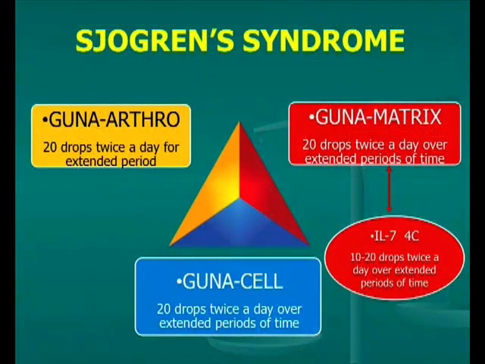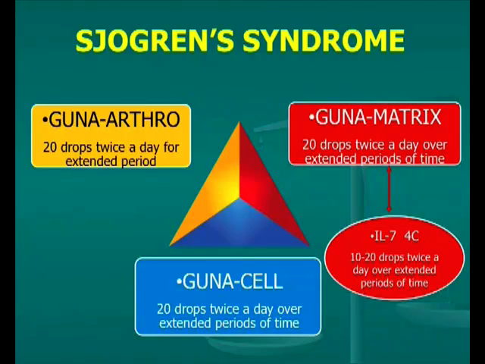So the basic drug to use will always be Gunamatrix, which contains the small quantity of interleukin-6 that is needed to modulate, in a sense, the overexpressed interleukin-6 of this disease. So Gunamatrix is the best drug that we associate in this case.